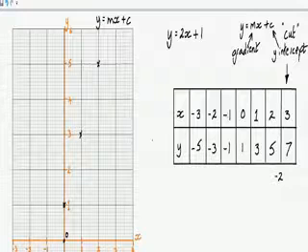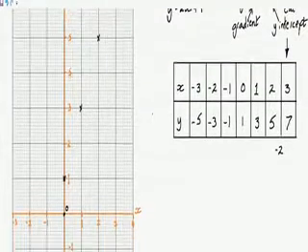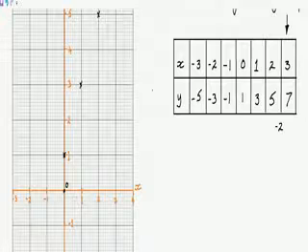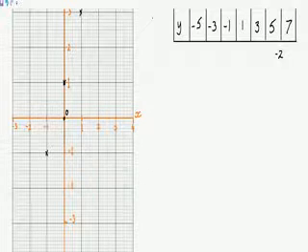Where x is minus 1, y is minus 1. So I just need to drop this down a little bit. So x is minus 1 here, y is minus 1 here. Where x is minus 2, y is minus 3.